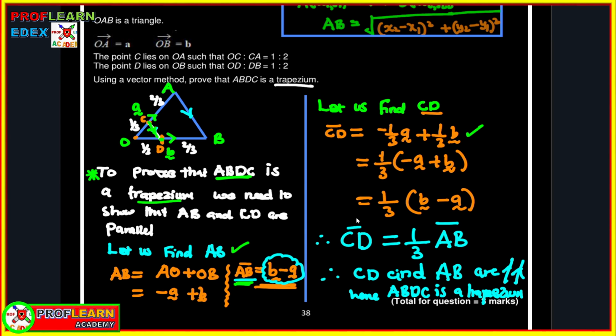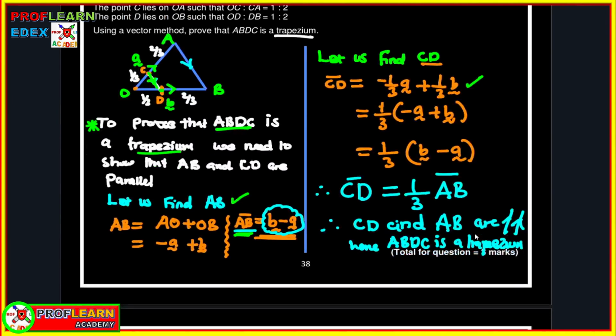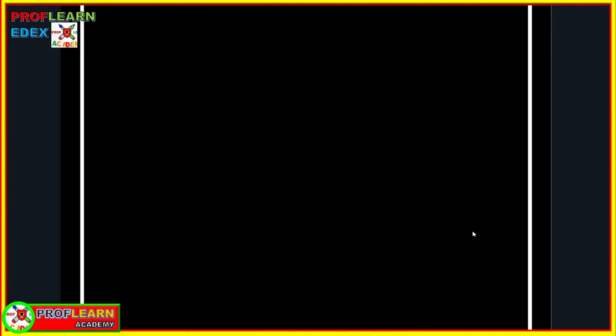So I can write CD in terms of AB and say CD is a third of AB. And now, since CD is a multiple of AB, we can say AB and CD are parallel, and therefore ABCD is a trapezium.